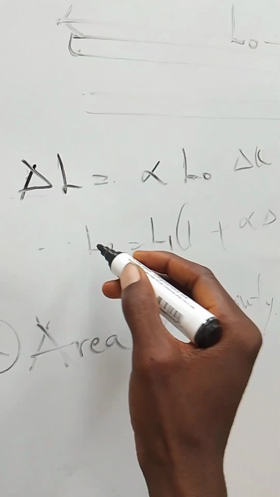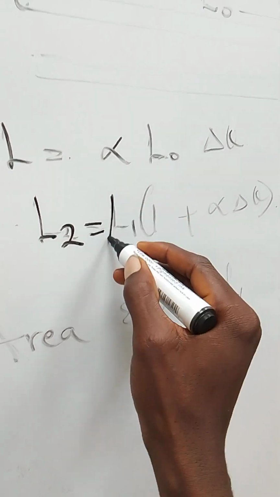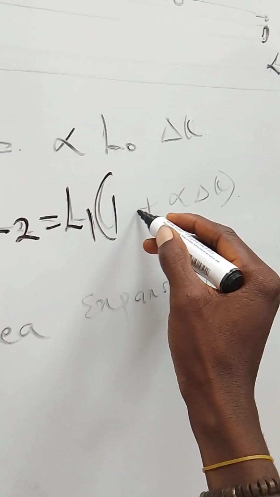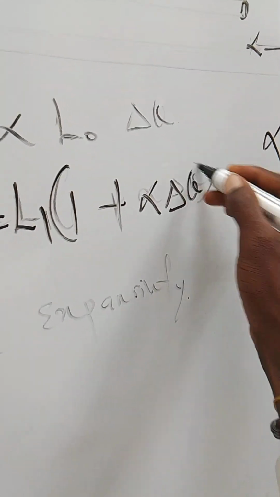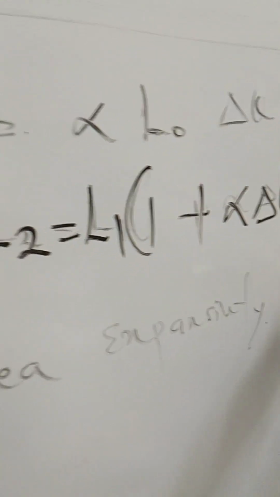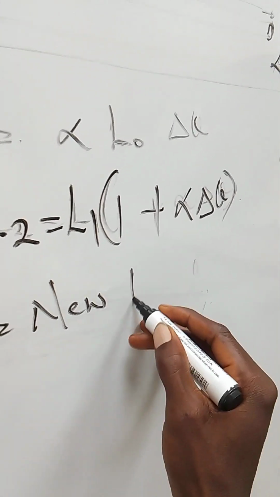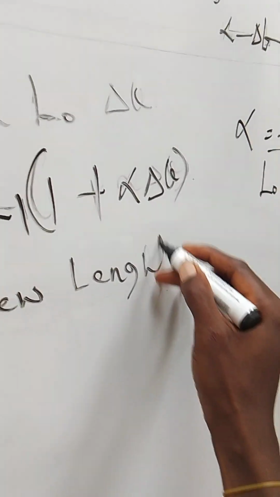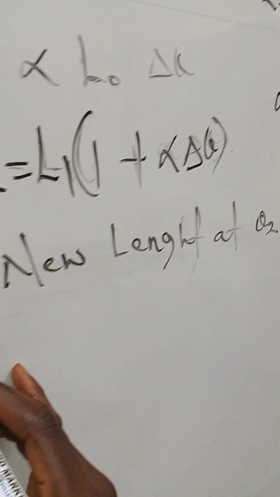Mathematically, we can calculate the new length L2, which is given by L1 open bracket 1 plus alpha delta theta close bracket, where L2 is the new length at theta 2, the new temperature.